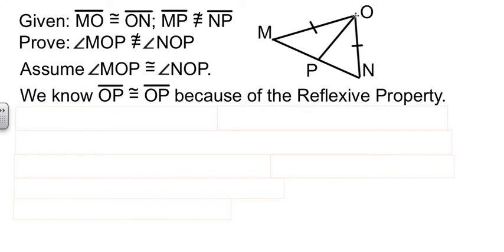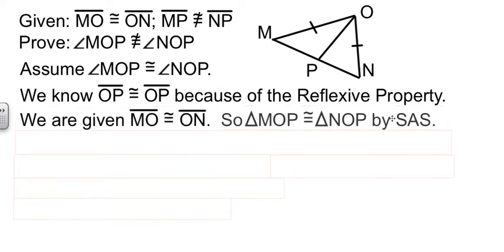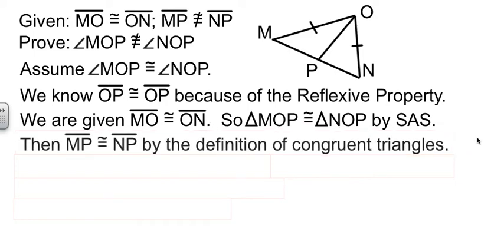Now I've got a side, an angle, and a side, and the angle is in between. Using what we were given, that tells me I've got congruent triangles by side, angle, side. Okay. Now, since those are congruent triangles, that means parts match. And that would tell me that MP has to be equal to NP.